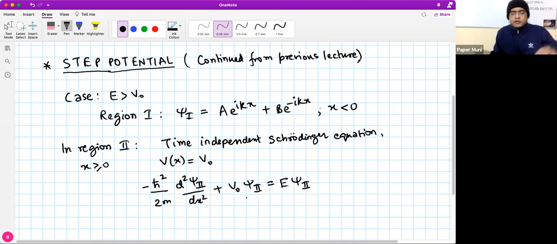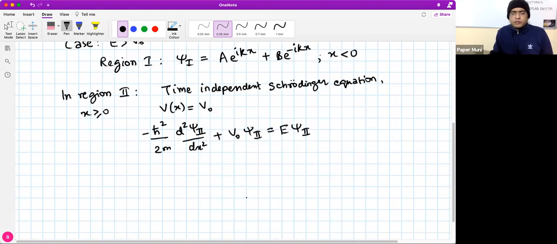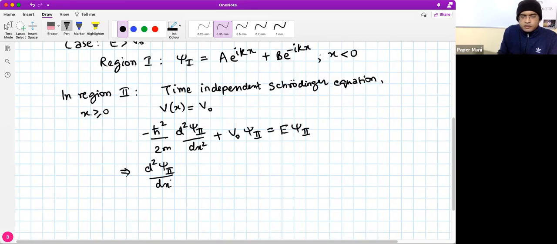Now let's just solve this. In this case, what we have is the double derivative with respect to x of the wave function plus, let's rearrange this, 2m(E minus V naught) by h cut square psi 2 is equal to 0.